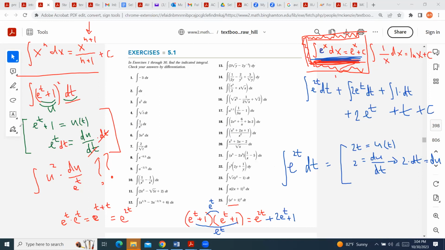Well, I'm going to be able to replace 2t with a new variable letter u. So my integral is going to be e to the power of u. And the other part, dt, is here without a 2, so I'll put 2 in the denominator so it cancels, and it will be du divided by 2.